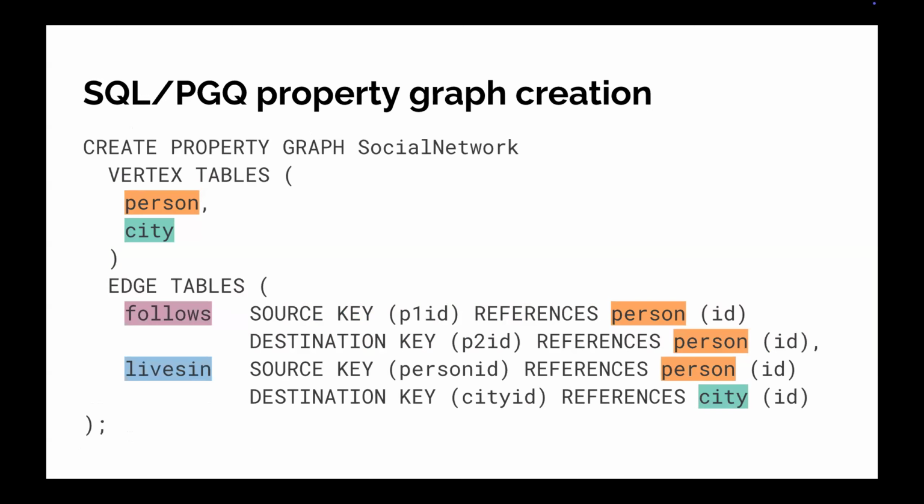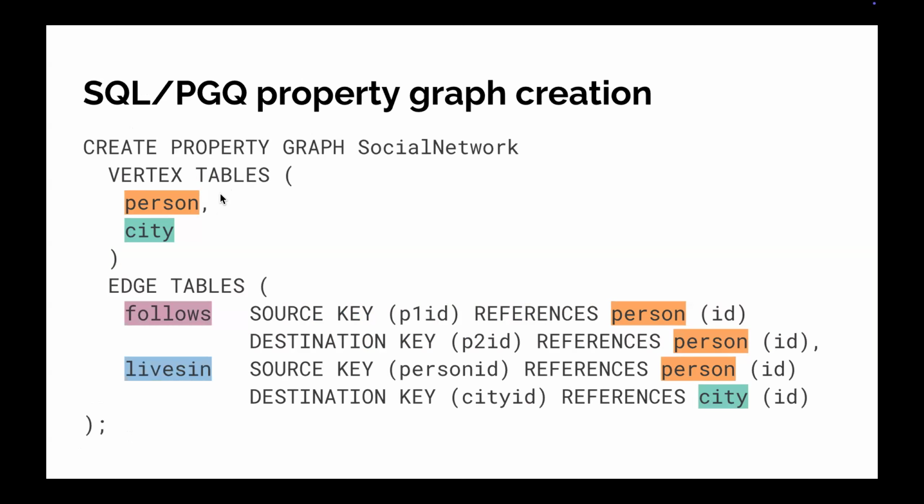All right, so in SQL PGQ, the first step is to create a property graph. We heard Oscar talk about this already. And for the property graph I showcased earlier, we would define the following property graph. In this case, in DuckPGQ, similar to what Oracle does, you don't need to specify the label. If you don't specify it, it defaults to the table name.